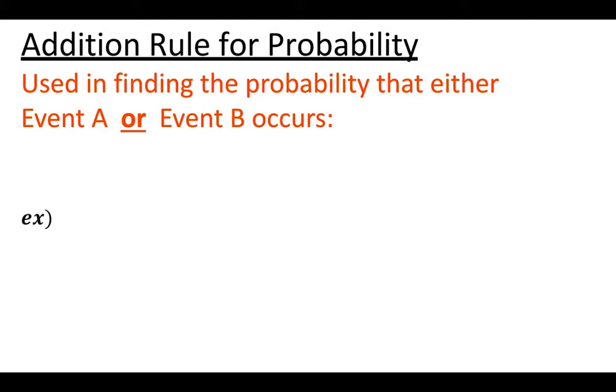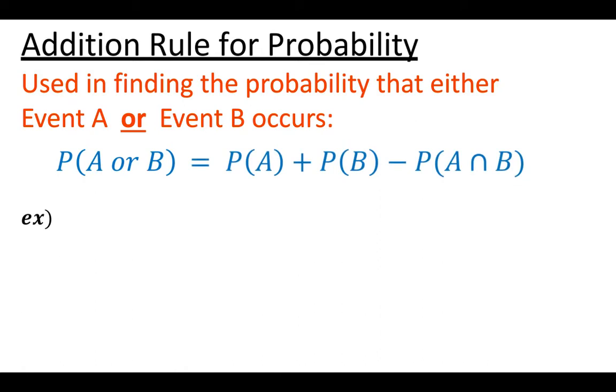And the rule that we're going to use looks like this: probability of A or B. So if it was probability of a red ball or a yellow ball, we'd say probability of red or yellow equals the probability of A, so we could say the probability of yellow, plus the probability of B, plus the probability of blue ball or whatever, minus, this is the part that might look different here, the correct mathematical way you would pronounce that would be A intersect B. So the intersection of A and B.